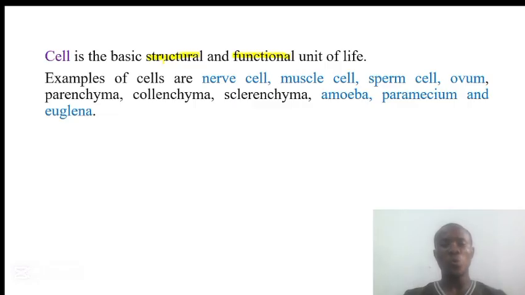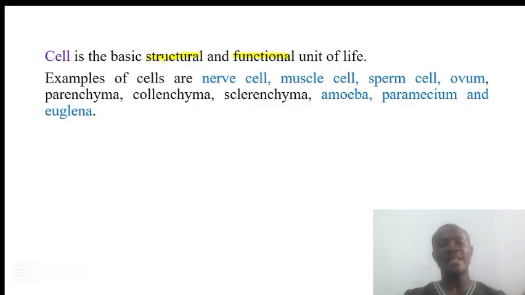These molecules combine to give us what we call organelles. These organelles combine to give us what we call cell. It is at the cellular level that life actually exists.